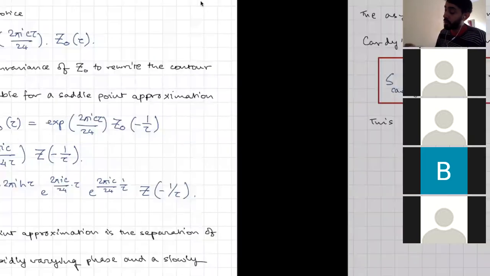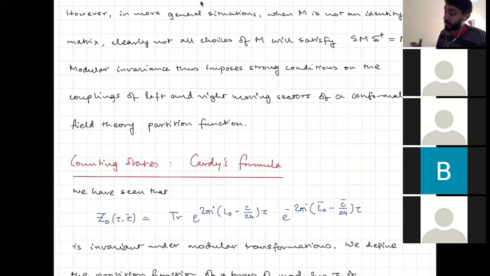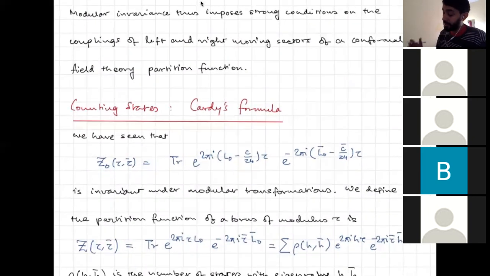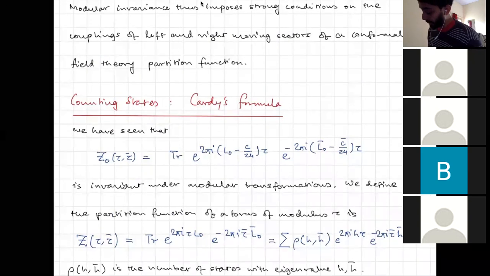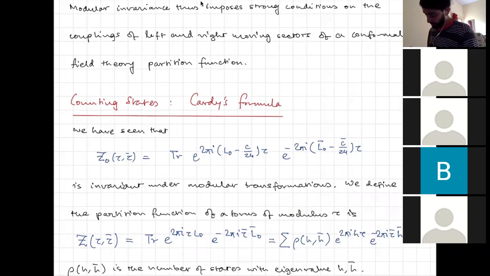But this was to give you an idea that just by demanding modular invariance, we have been able to actually get at the formula for the counting of states in a CFT. All right, so that is it for modular invariance. If there are any questions, I'm happy to address them.